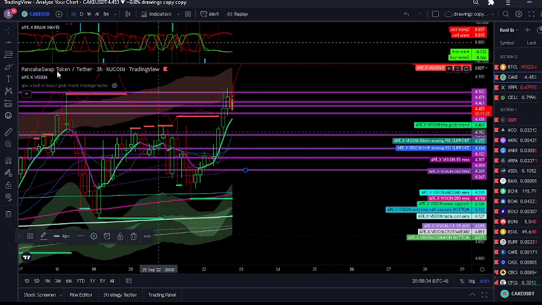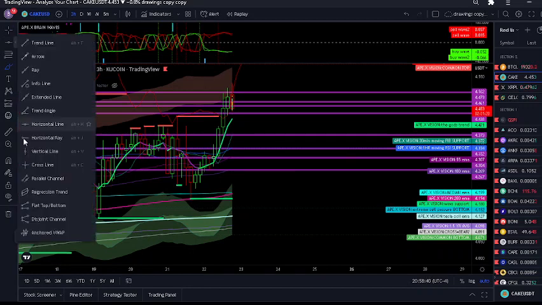More than likely we're going to hit, let's see, just recolor the lines.